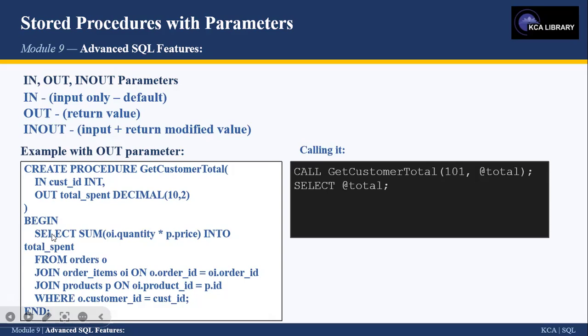You begin with select sum into total spent from orders. You join order items on order ID. Join products on product ID, where customer ID is customer ID. Then you end. To call it, use CALL GetCustomerTotal(101, @total) and SELECT @total.